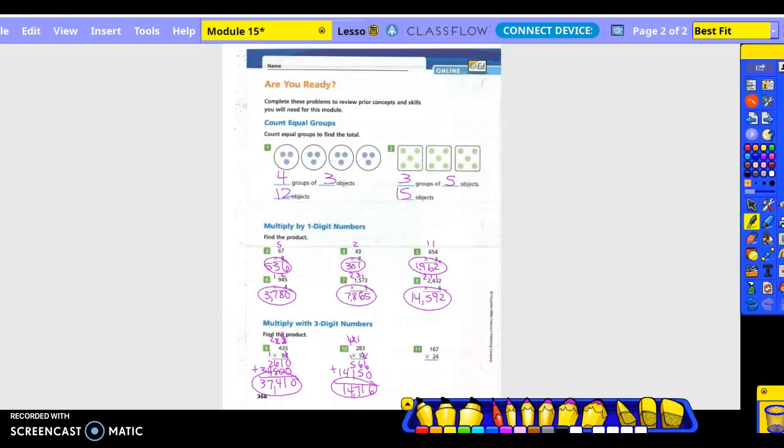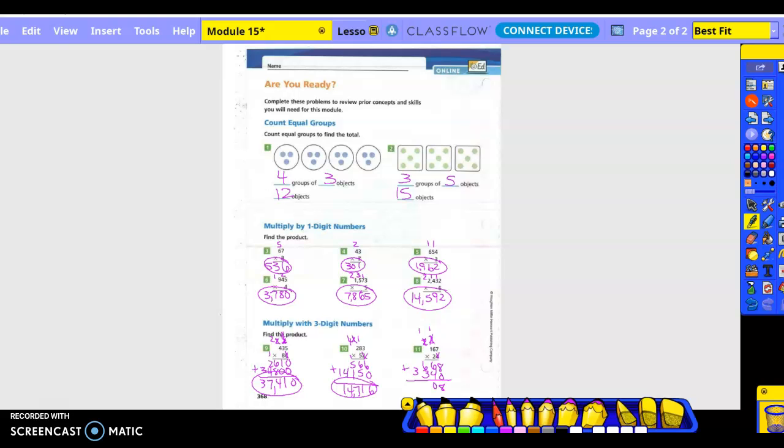Okay. Going on to the next one, we pretend like the 10 spot is not there yet. 4 times 7 is 28, put an 8, carry the 2. 4 times 6 is 24, plus 2 is 26, put a 6, carry the 2. 4 times 1 is 4, plus 2 is 6, mark off the 2s, mark off the 4 in the 1 spot, and now we're moving to the 10 spot, so we have to put a 0 to hold our spot. 2 times 7 is 14, put a 4, carry the 1. 2 times 6 is 12, plus 1 is 13, carry the 1. 2 times 1 is 2, plus 1 is 3, and then we add.